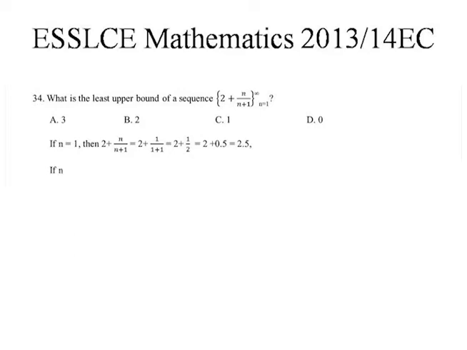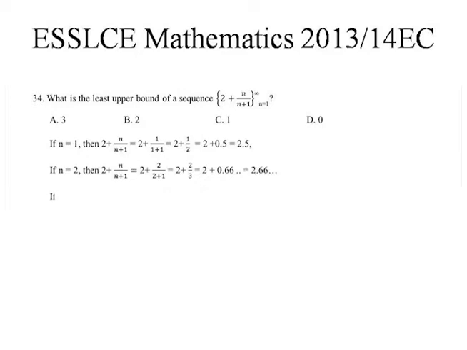If n is equal to 2, then 2 plus n over n plus 1 is equal to 2 plus 2 over 2 plus 1, and 2 plus 1 is 3. Then this gives us 2 over 3 is 0.666. 2 plus 0.666 is equal to 2.666.